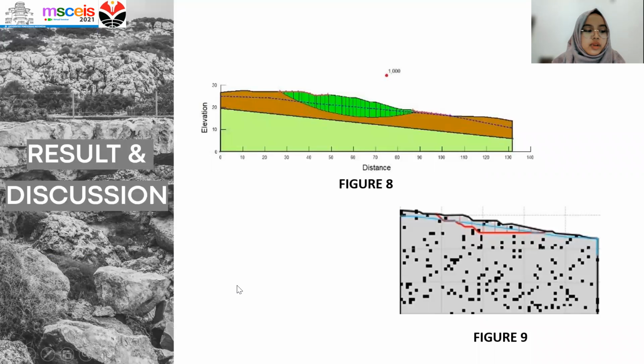Results and discussion. The result of the slope stability analysis of two slope cross-sections based on Slope/W is shown in figure 8, and based on BIMSTAB is shown in figure 9. It can be seen in figure 8 that the landslide involved the first soil layer with a circular slip surface at a critical factor of safety of 1, the green color.